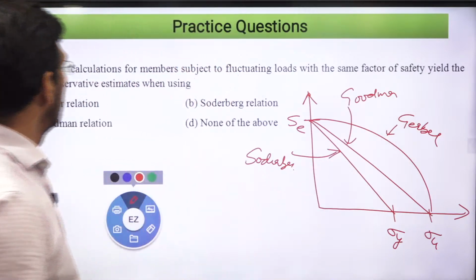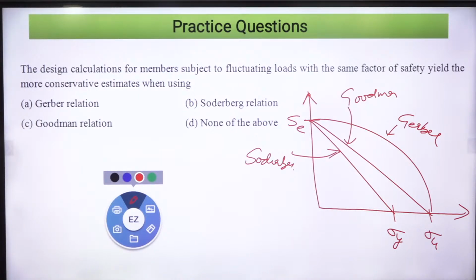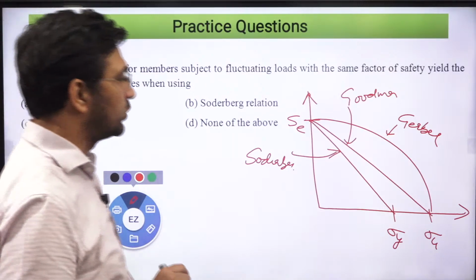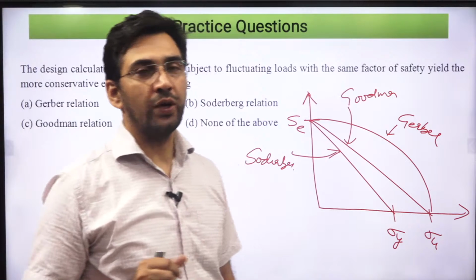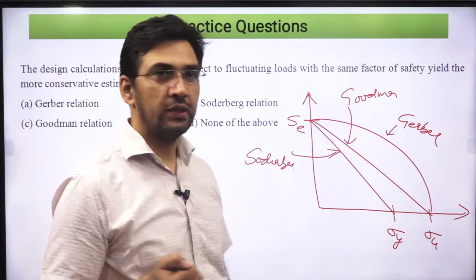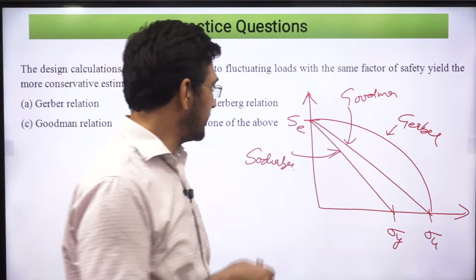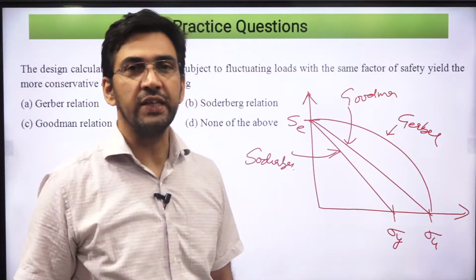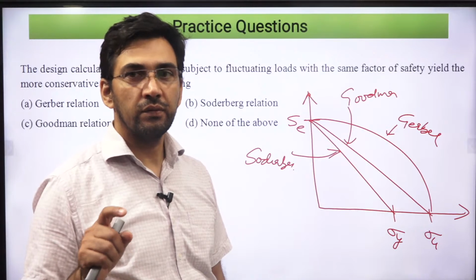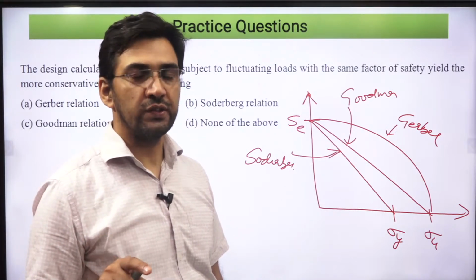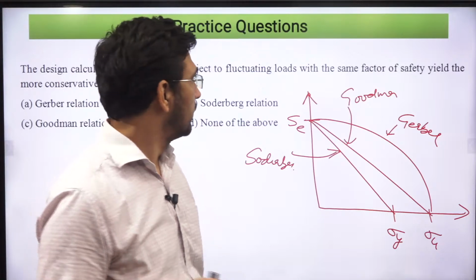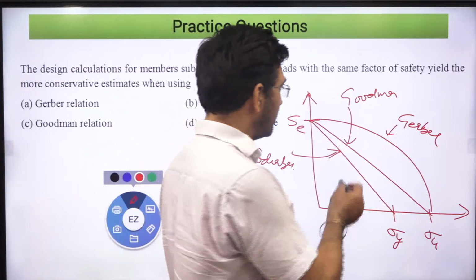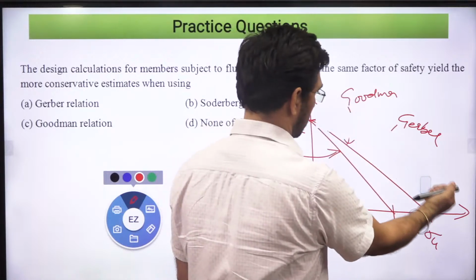So, design calculation for members subject to fluctuating loads with the same factor of safety yields the more conservative estimates when using... See, the point is you have to see which one is more conservative for design purposes over here. We say that Soderberg is basically the most conservative design criterion when we are talking about components getting subjected to fluctuating stresses, right? Why do we say so? Because this is a little, I think, better.